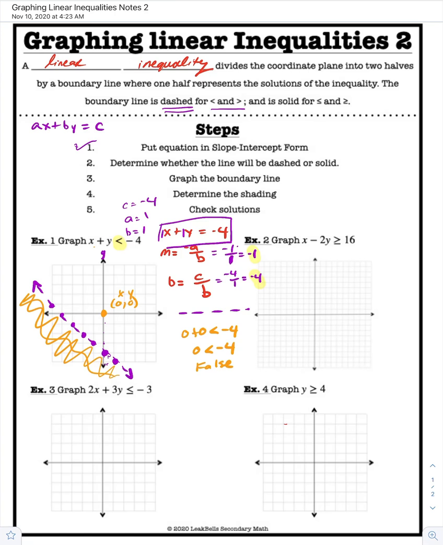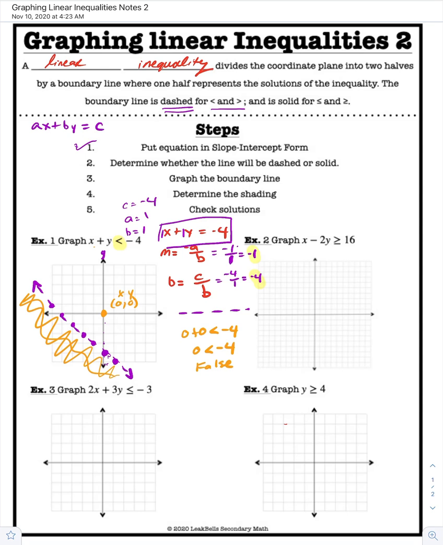For example 2, we have x minus 2y is greater than or equal to 16. All right, when we look at this, remember the first thing we need to do is to put this inequality into slope-intercept form.